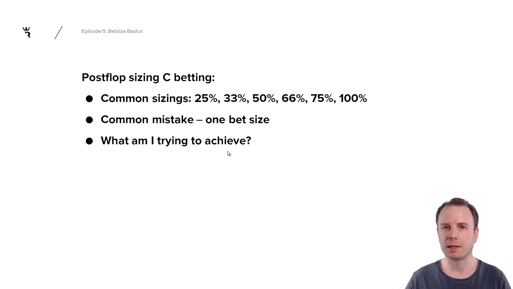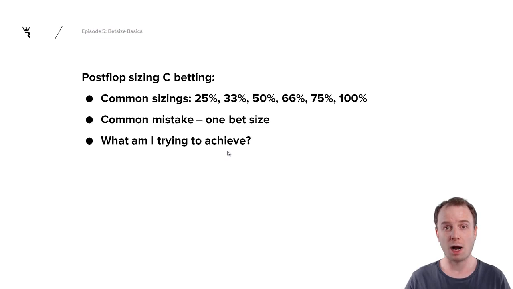We always want to be thinking, like, what am I trying to achieve with this bet? And what you're trying to achieve might be just to get your opponent to fold a certain portion of their range. You might be trying to get maximum value out of their range. You might just be trying to size it so that we get to the river with a pot size bet left.